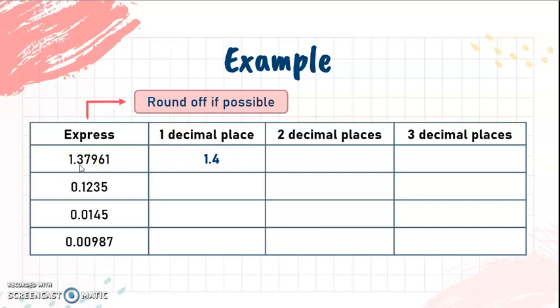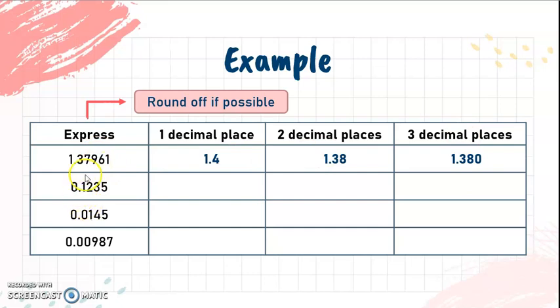Since this 3 can be rounded off, once you round off, it becomes 1.4. Okay, for two decimal places, it falls at 7. So you round it off, it becomes 1.38. And the last one is 1.380. Okay, it falls at 9.